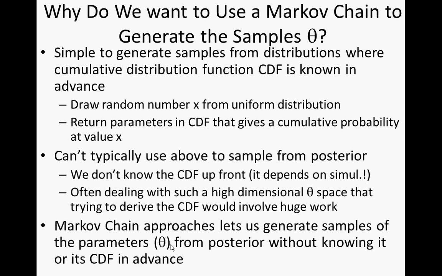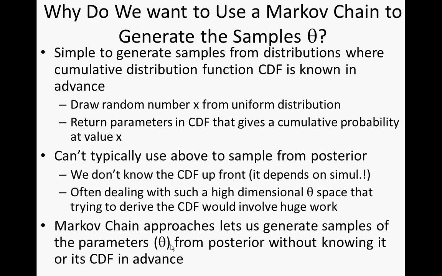Well, it's worth reflecting on the fact that if we have a distribution which is known, for example, which is associated with some analytic expression, often we can arrive at an analytic expression for the cumulative distribution function. And if we want to, that will allow us to draw a random number from that original distribution. Specifically, if we know the CDF, we can draw a random number from a uniform distribution.